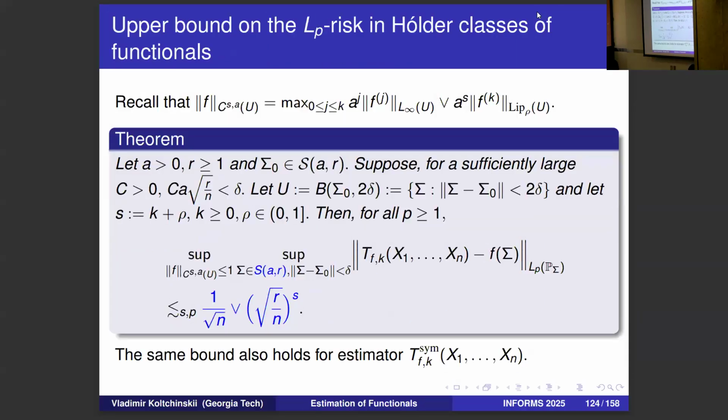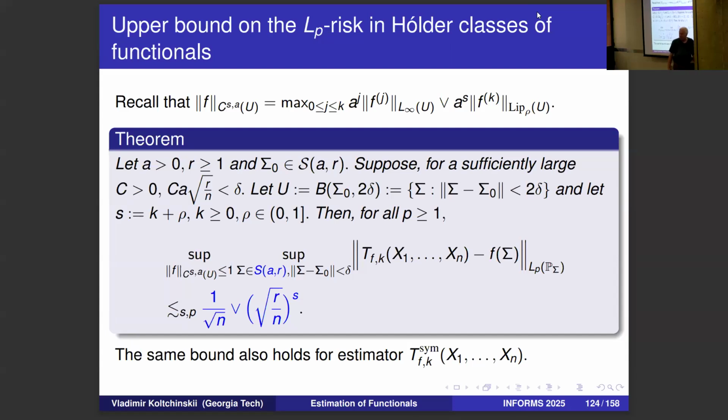Now, let me state something that I promised at the beginning that I will state. I state here some bound on our estimator, but I state it as a bound on a supremum. So here I have the supremum over all sigma in a certain class of covariances.